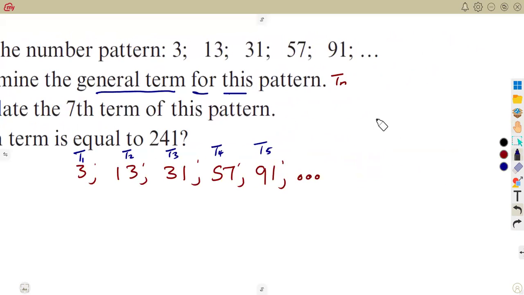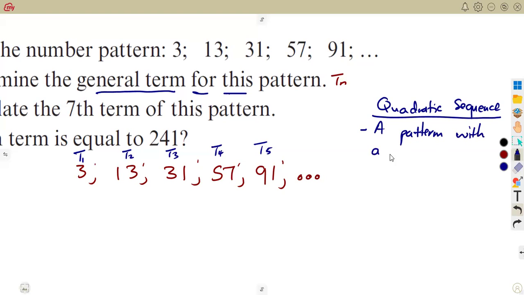One, let's just have here our quadratic. So this is a quadratic sequence. We are going to notice this time that we have a common second difference. So that's a pattern with a common, but it must be second difference.